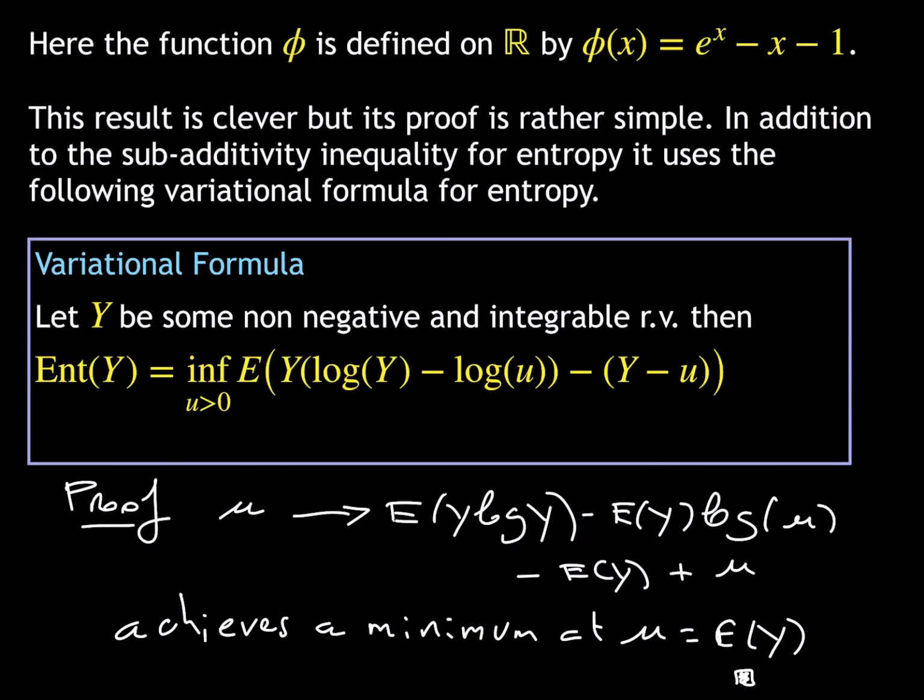So the minimum is achieved at u equal to the expectation of y. So this is very elementary analysis. Okay. So as soon as you have this variational formula in your pocket, you will apply it, but not on the entropy itself, but on the conditional entropies. So let's see that.